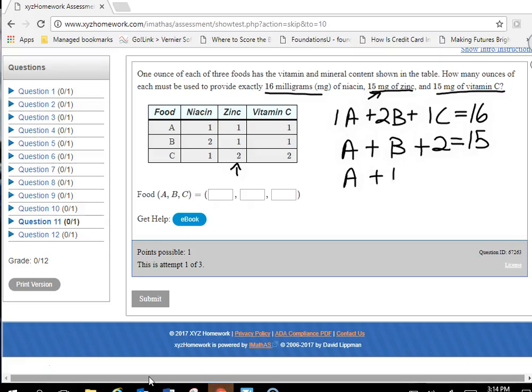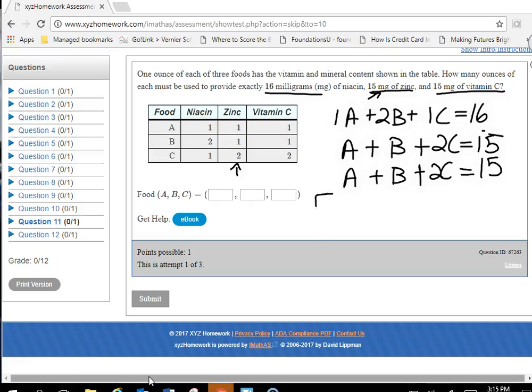A plus B should be a 2C. And then A plus B plus 2C, they have equal to also 15. All right, well, that's how you set it up.